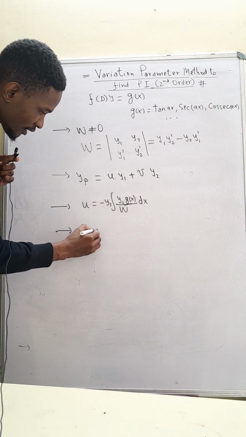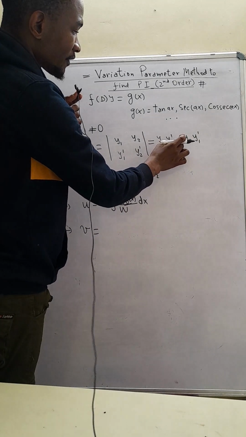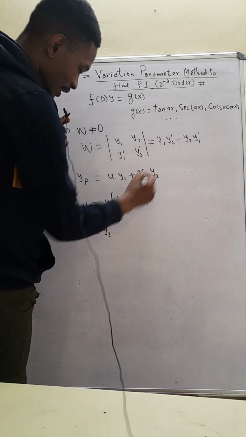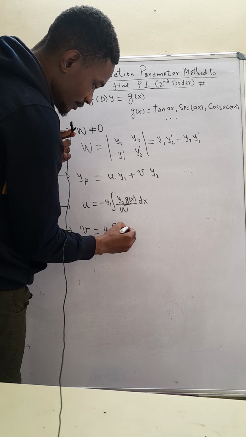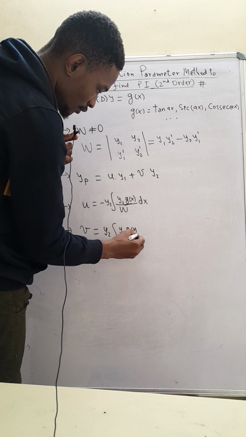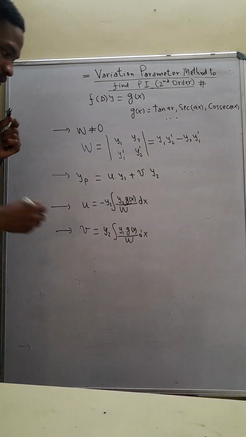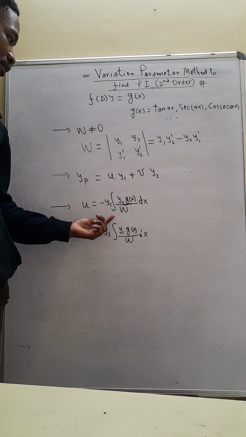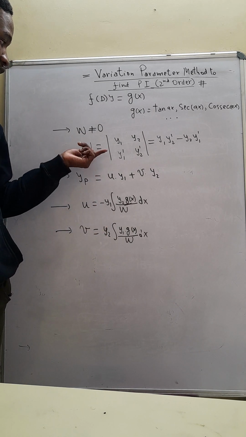And what is my v? v is equal to, it will be the opposite: if it was negative, then it will be positive, the integration of y1 times g of x, with the Wronskian down, dx. So you have to find first the Wronskian.